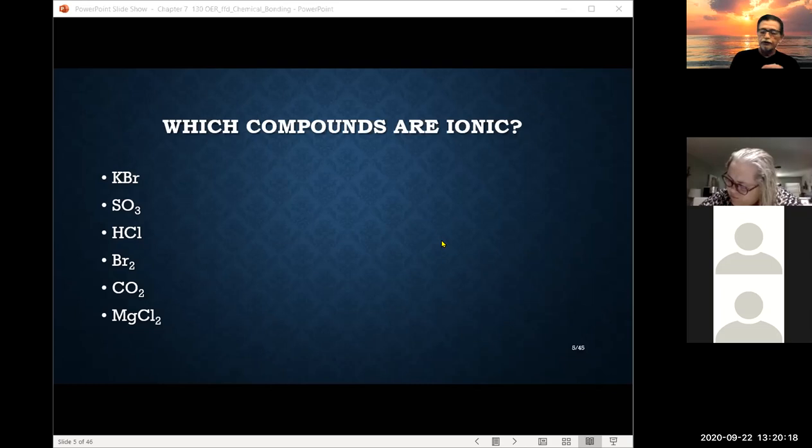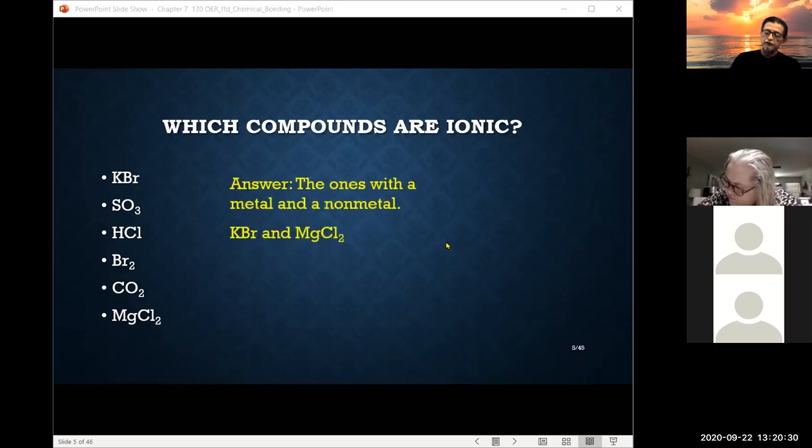And then the last entry, we get Mg. And right away, you know that Mg is a metal, and Cl2, which is chloride, is the nonmetal. And so from that list, the only ionic compounds are the first one, potassium bromide, and the last one, which is named magnesium chloride. Okay.